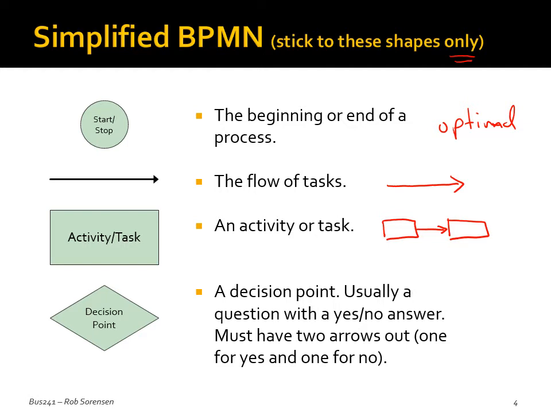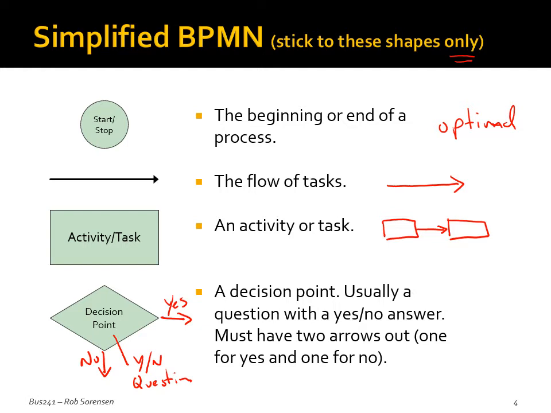The text inside is always going to be a yes/no question, which means we'll have two lines coming out, one for yes and one for no. So we have a question in there that's yes/no, and then we've got two arrows coming out that say yes and no on them. They shouldn't say anything else, right? So if yours look a little different than that, that's a problem.